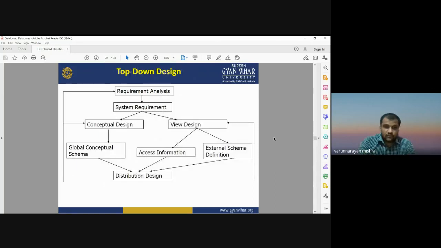This is the entire flowchart started from the requirement of the database. Then when we go for the system requirement, the conceptual design is there. Under conceptual design, we will use the global conceptual schema. And if you only want to view the design, then we will have access information and external schema definition.